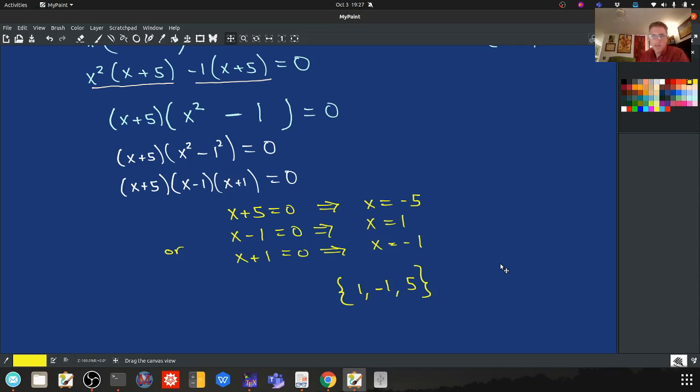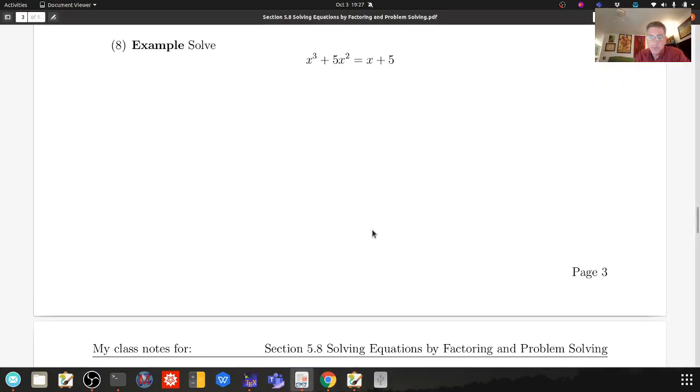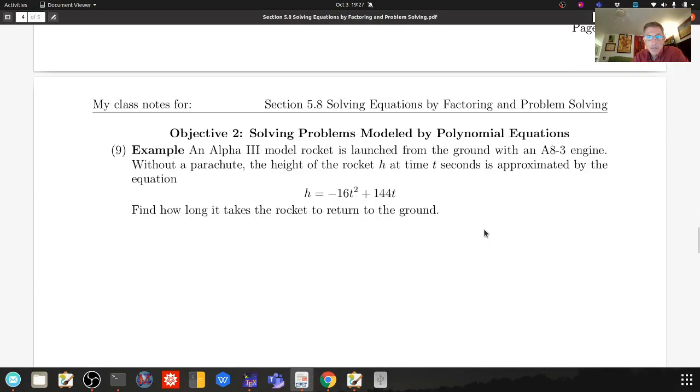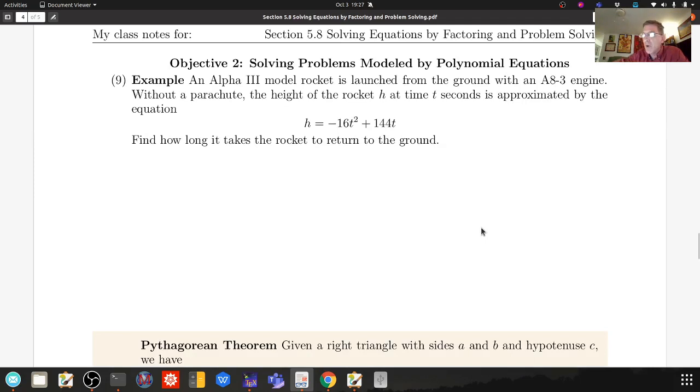So we still have a few more to do. This is a really important lecture with a lot of important examples. So we have the rocket problem. An Alpha 3 model rocket is launched from the ground with an A83 engine.